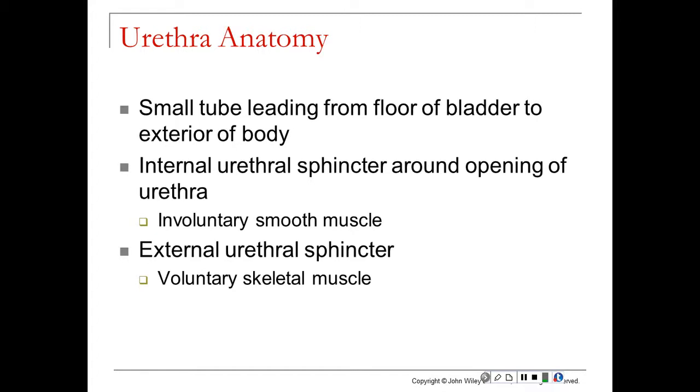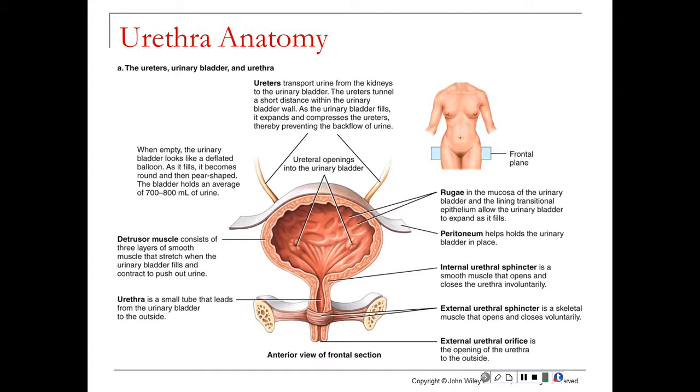When children are being potty trained, it's this external urethral sphincter that is being trained for their bodies to learn to regulate better. Here you can see some of these structures, the detrusor muscle making up the muscular walls of the bladder. You see the 2 entrances from the ureters coming into the bladder.